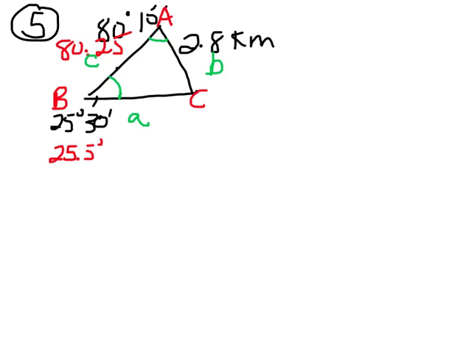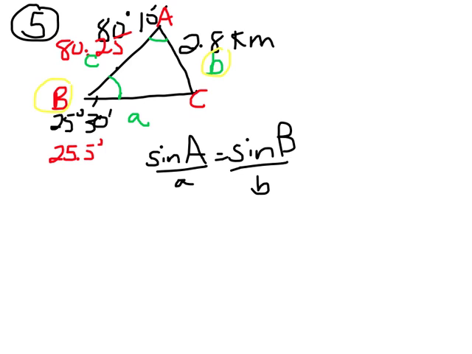I've got angle B, let me circle it to highlight it, and then I've got the side across from it. When I have an angle and the side across from it, I know that's one I want to use in my proportion. Because what we're doing is sine of angle A over little a equals sine of angle B over little b equals sine of angle C over little c.